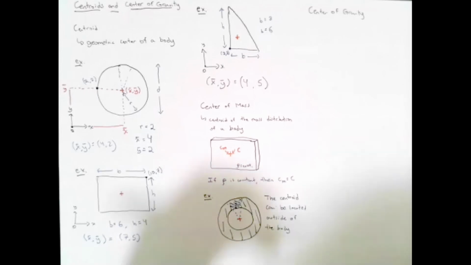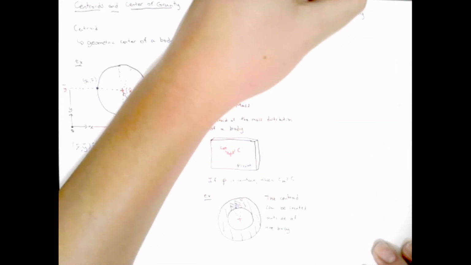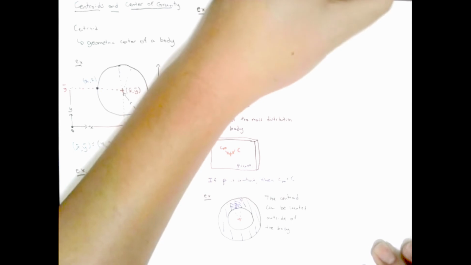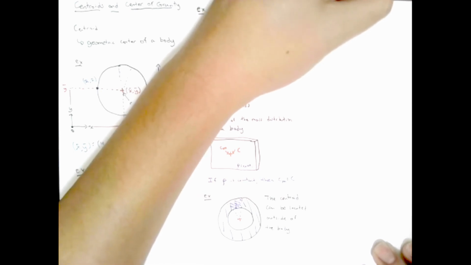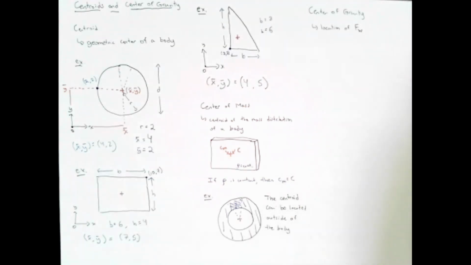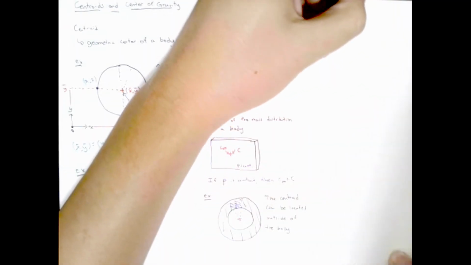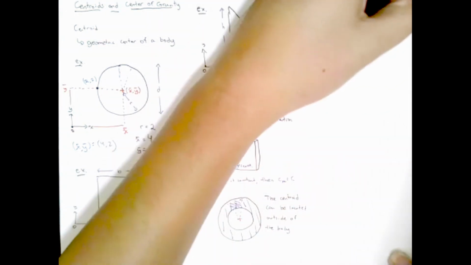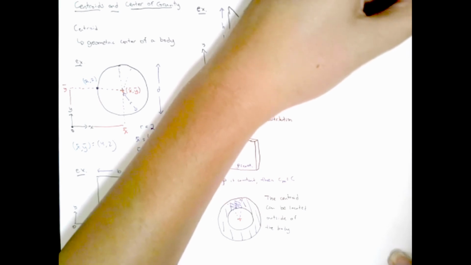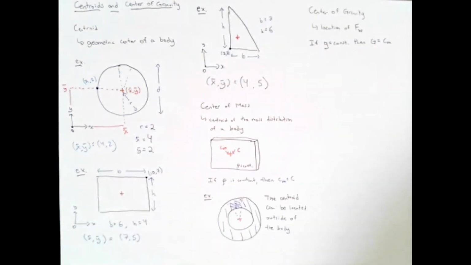So we define the center of gravity as the location of your weight, F_W. And if your gravitational field is constant, in other words, if your gravitational acceleration for the body is a constant, then the center of gravity, which we'll call capital G, will actually be equal to the center of mass. And this will be true for most problems that we will do in this class.